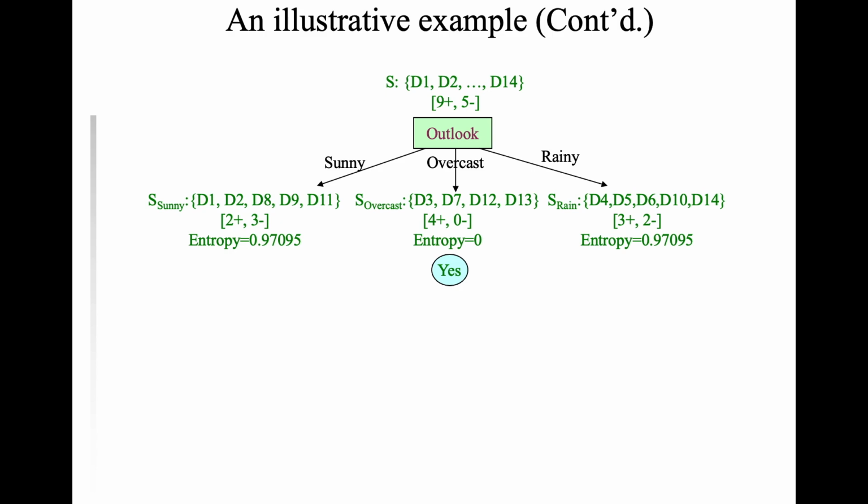Is it possible to get to a point where every leaf has entropy 0, which shows it is pure, so that's going to be the leaf, but we still have attributes left? Is that possible after we reach the entropy of 0?